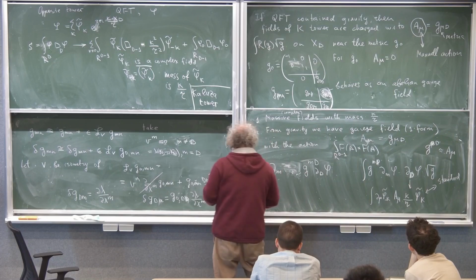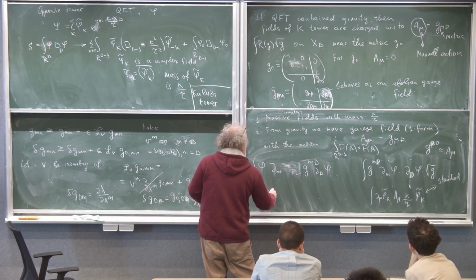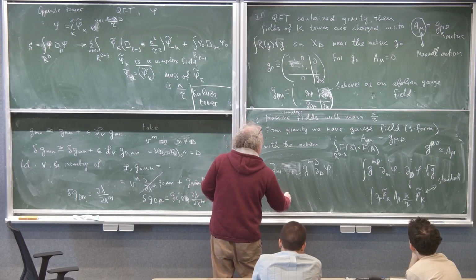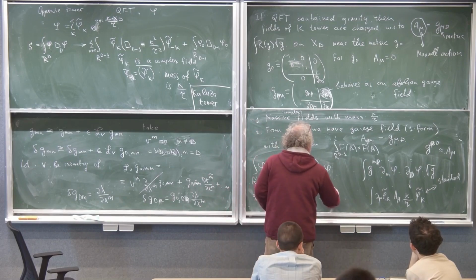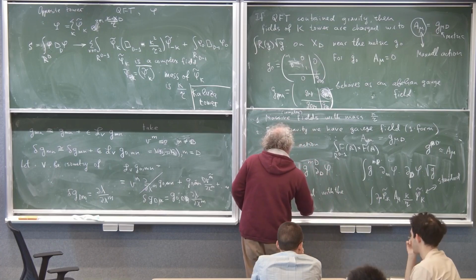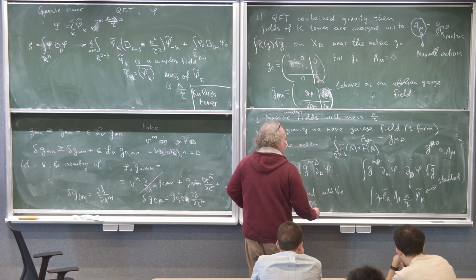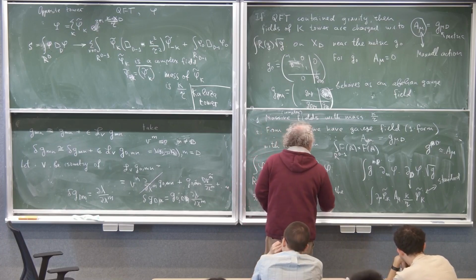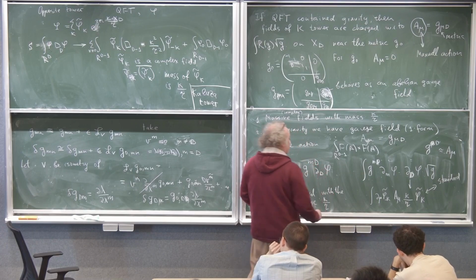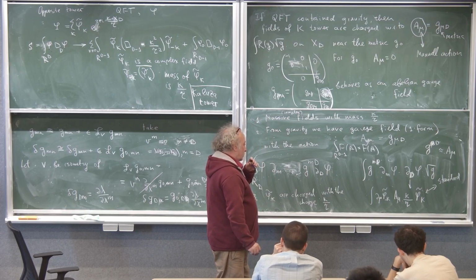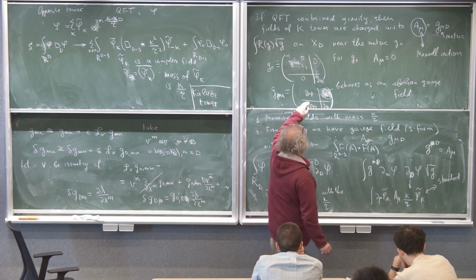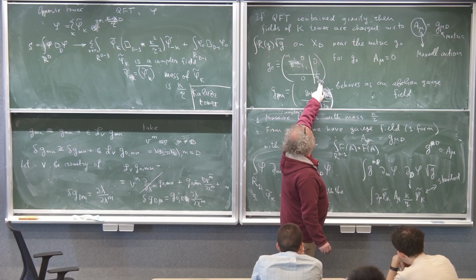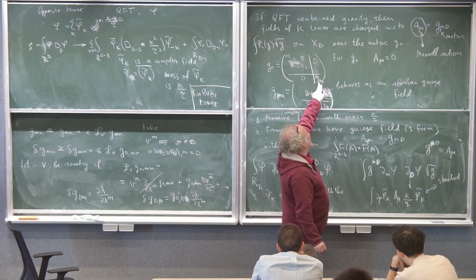Thus phi tilde k are charged with the charge k over R. So in this business, I was very inaccurate in treating this g dd.